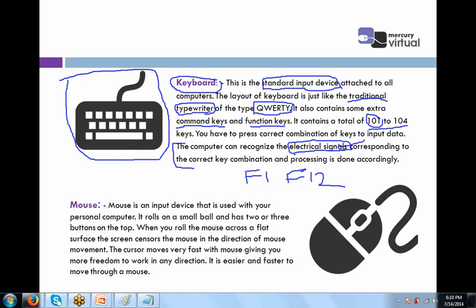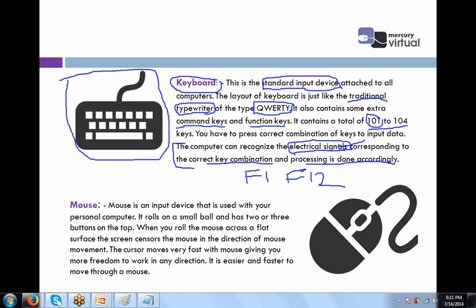It takes first of all electrical signals that correspond to the correct key combination. For example, if I press A, that is typed on the computer screen. So the main idea, the main technology behind this is, first of all, an electronic signal is sent to the computer, then A is pressed, and then A is printed on the computer screen, and then processing is done accordingly.